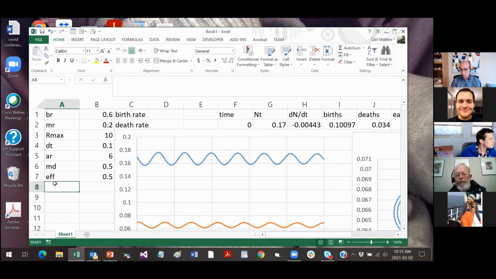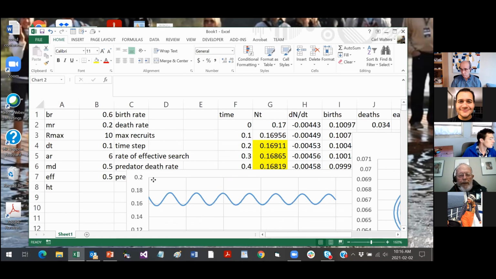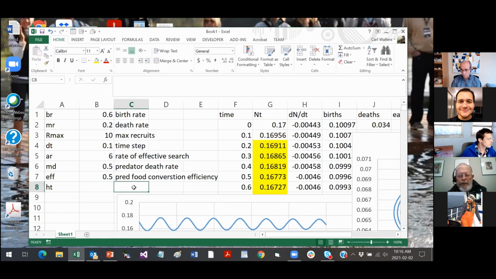Now what I'm going to do is introduce another parameter in this model called HT. This is called the handling time. So I'm now going to put in Holling's type 2 functional response to limit how fast predators can feed.